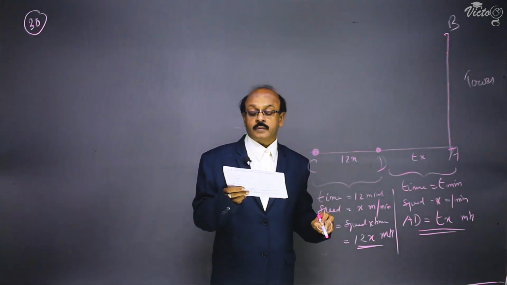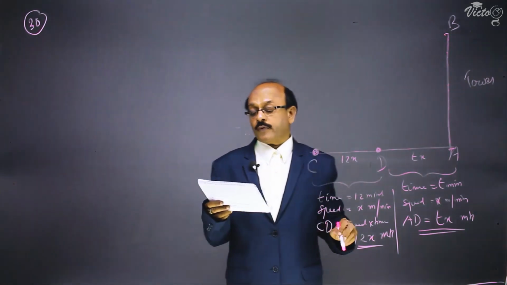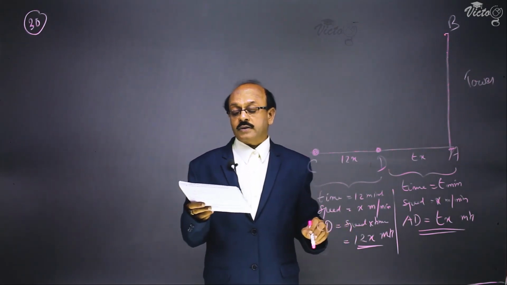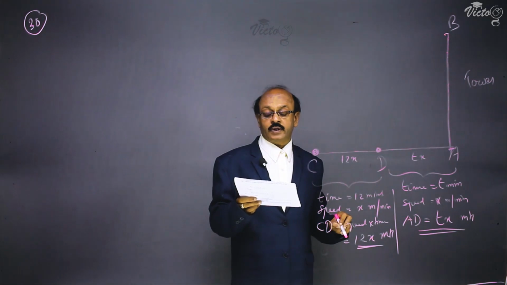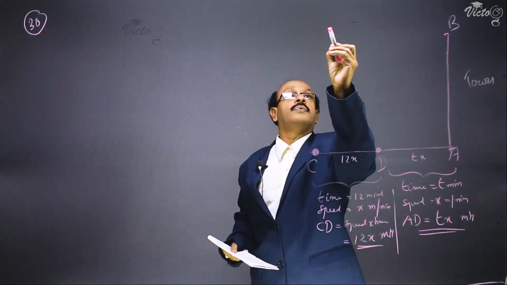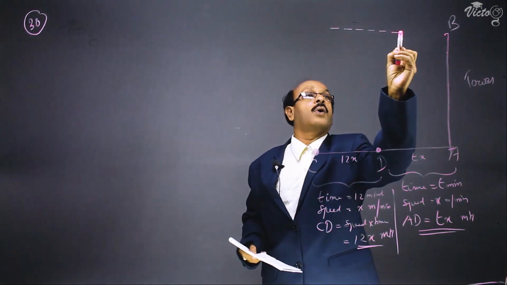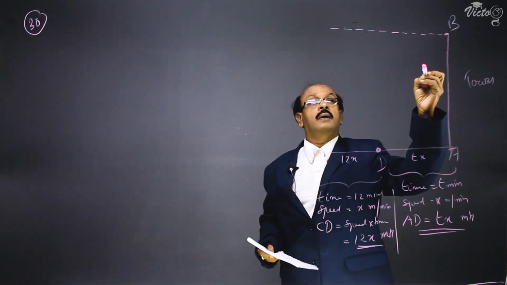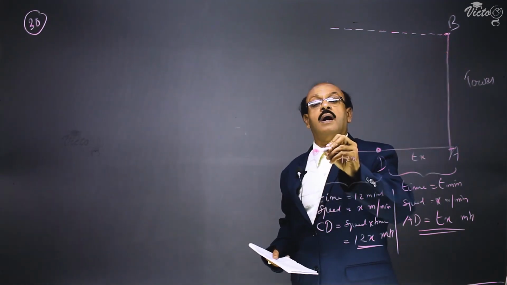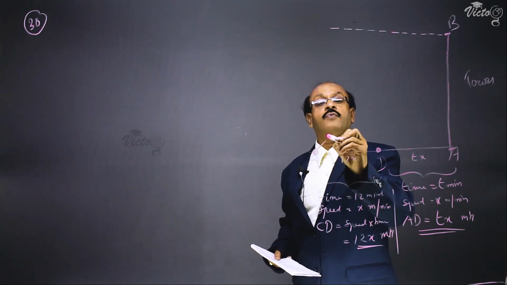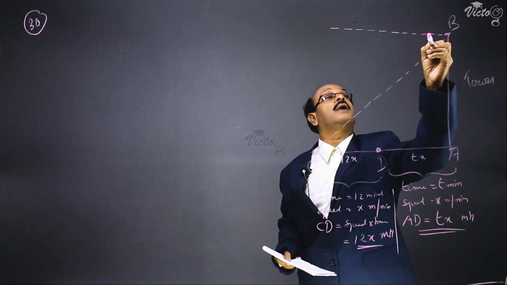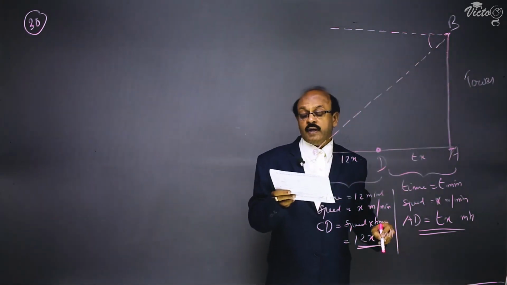Now, a man observes a car from the top of the tower which is moving towards the tower with a uniform speed. The angle of depression changes from 30 degree to 45 degree. This is the ray of view, and from this point B, a man is observing the car at the point C. Therefore, his ray of view is this one, and the angle formed here is 30 degree.